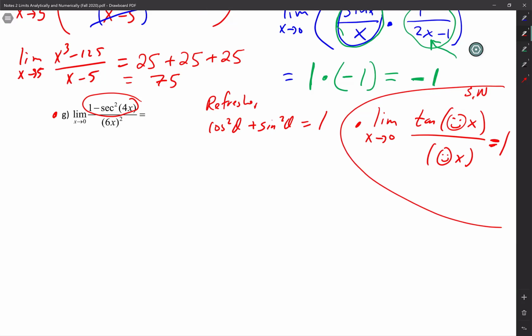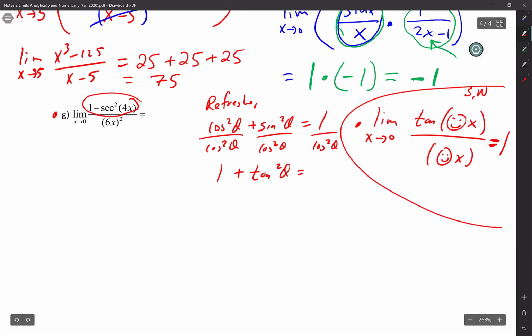All right, the only way to get a secant squared is 1 divided by cosine squared. That's the only way. So I'm going to divide by cosine squared, divide by cosine squared, divide by cosine squared. So now, cosine squared divided by cosine squared, that's 1. Sine squared over cosine squared, that is tan squared. And then 1 over cosine squared, that is secant squared.